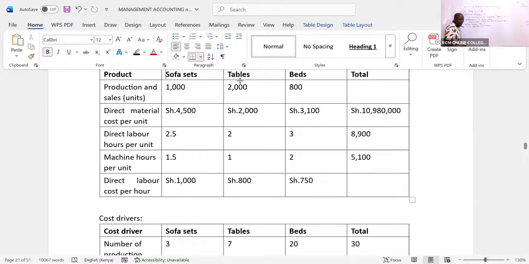I can see some other labor hours going to beds. Direct labor hours, it is 2.5, 2, and 3, isn't it? Sorry for that. So 3 times the number of beds being produced, which is 800.